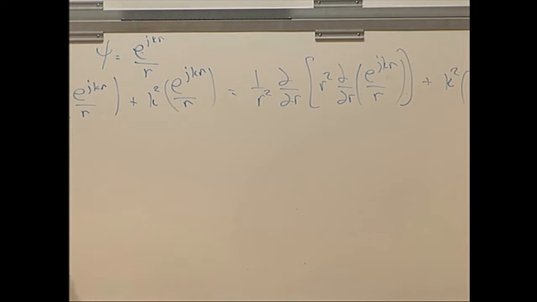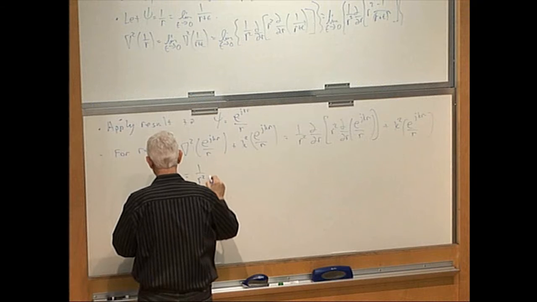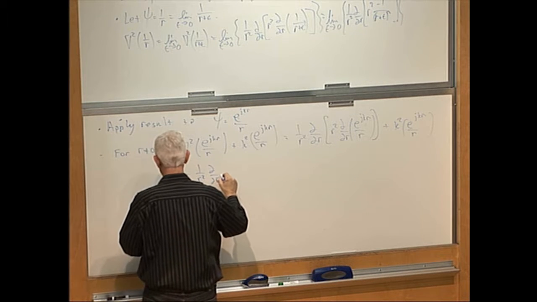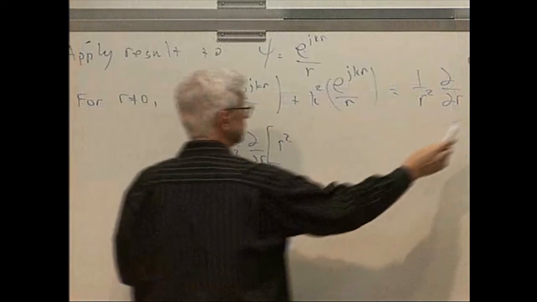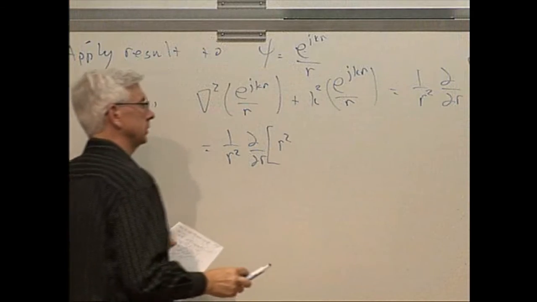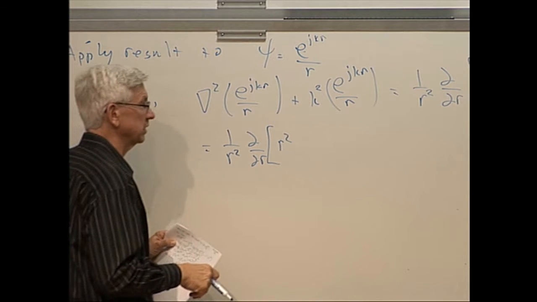And so what is that? Well, we've got 1 over r squared out in front, partial with respect to r, and then r squared, and this is just two functions of r multiplied together.